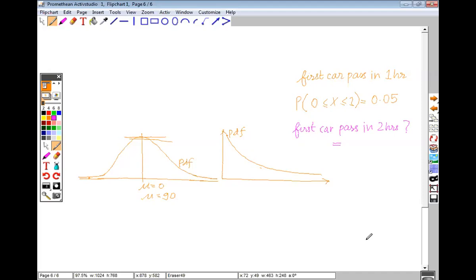I want your car to pass through the toll gate. So can anyone say what does this mean?